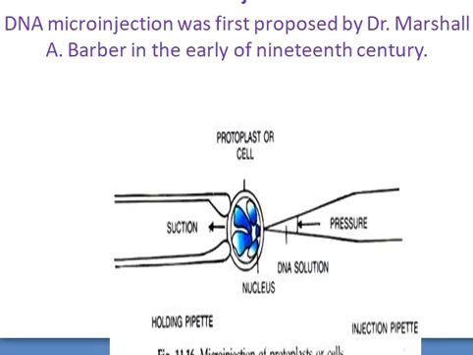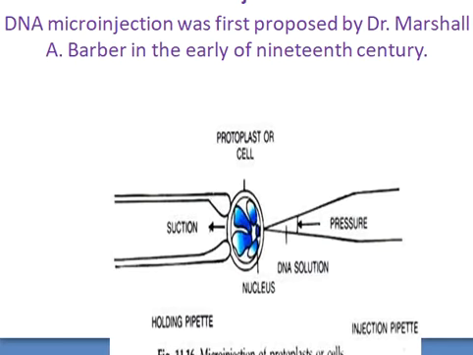Next, micro injection. Micro injection was first proposed by Dr. Marshall and Barber in the early 19th century. It's a widely used technique to transfer genes into mammals.